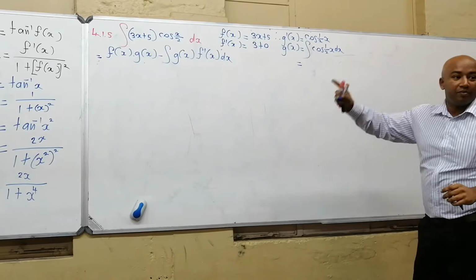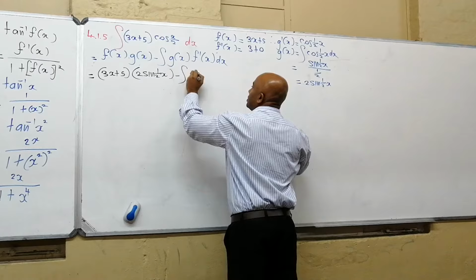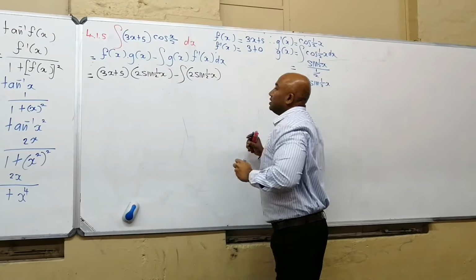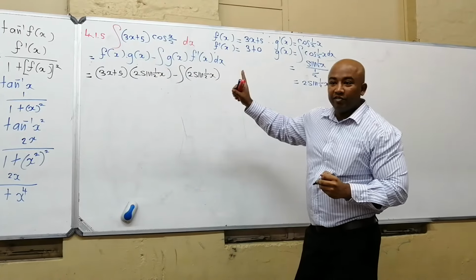Okay, so let's substitute. So my f of x here is 3x plus 5, g of x is 2 sine half x, minus the integral of g of x, which is 2 sine half x, and then f prime x here is 3.